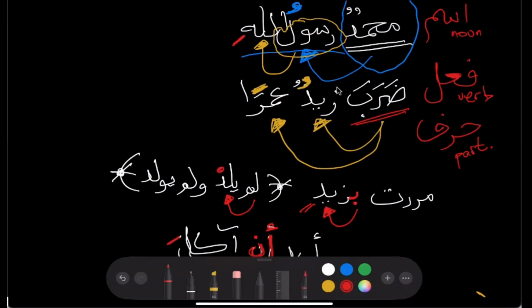So, i'rab is the changing of the endings, the altering of the endings of the words due to the other influencing words, yani, words that are influencing it. And there's 4 cases of i'rab: rafa, and nasb, and jar, and jazm. Okay, and these 4 cases of i'rab, they have signs so that you can know the difference.